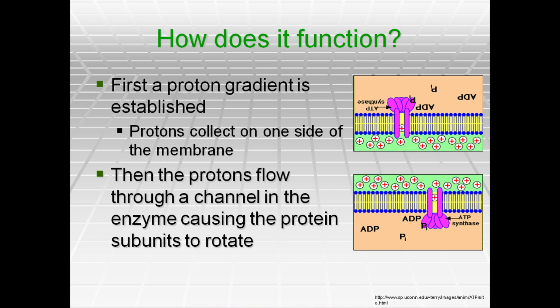The overall equation shows that ADP plus Pi plus protons, which are charged outside the membrane where the proton gradient is very high, come inside the membrane, and the energy from that diffusion of protons is taken by the ADP and Pi and converted into ATP.